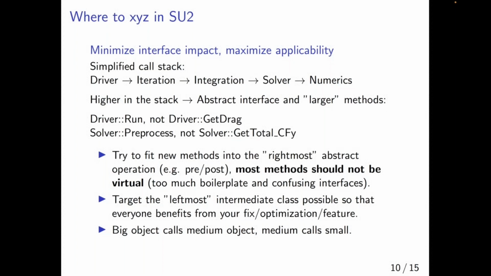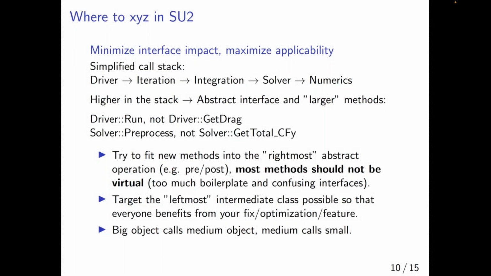You have the iteration level, which has the abstraction of advancing a fluid iteration versus a structural iteration. You have integration, so spatial and temporal integration, and here you can think single grid versus multi-grid, for example. Then you have the solver level, which encapsulates physics: heat transfer, fluid flow, structural mechanics.